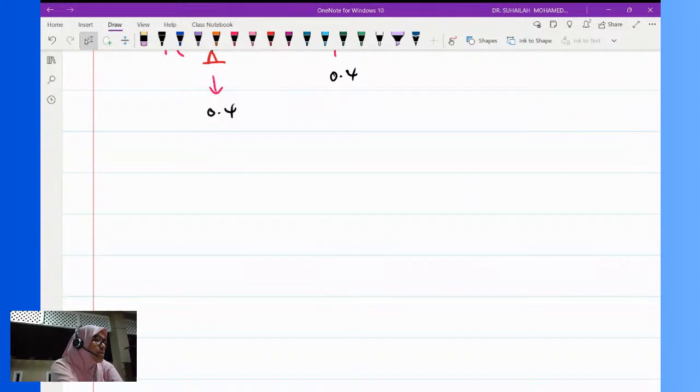We will write the moment equations in table form. We will summarize all the moment equations in the table. We list all the members, origin, and limit.